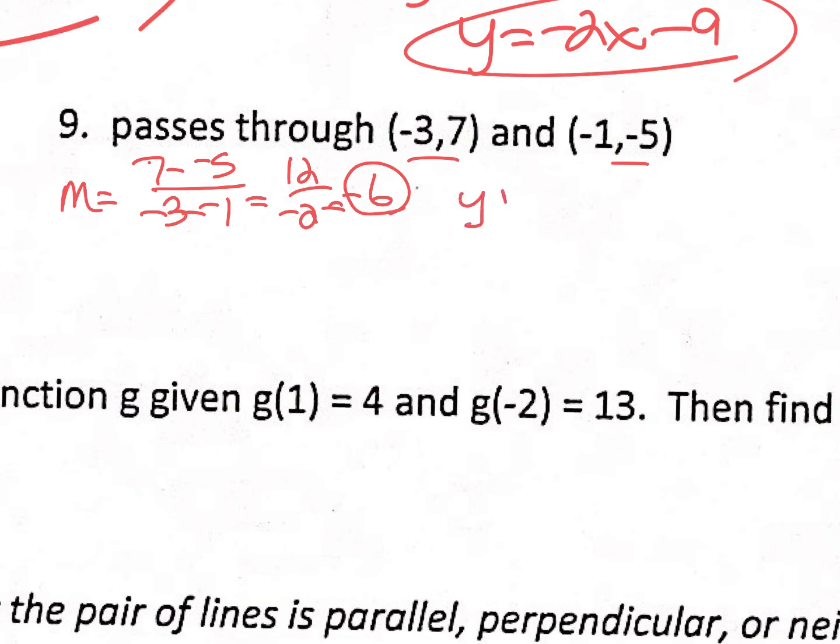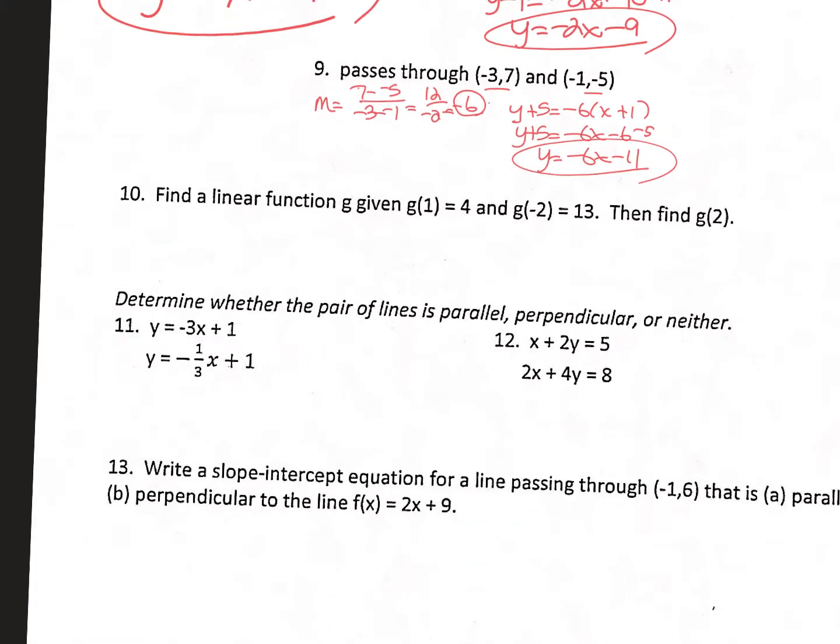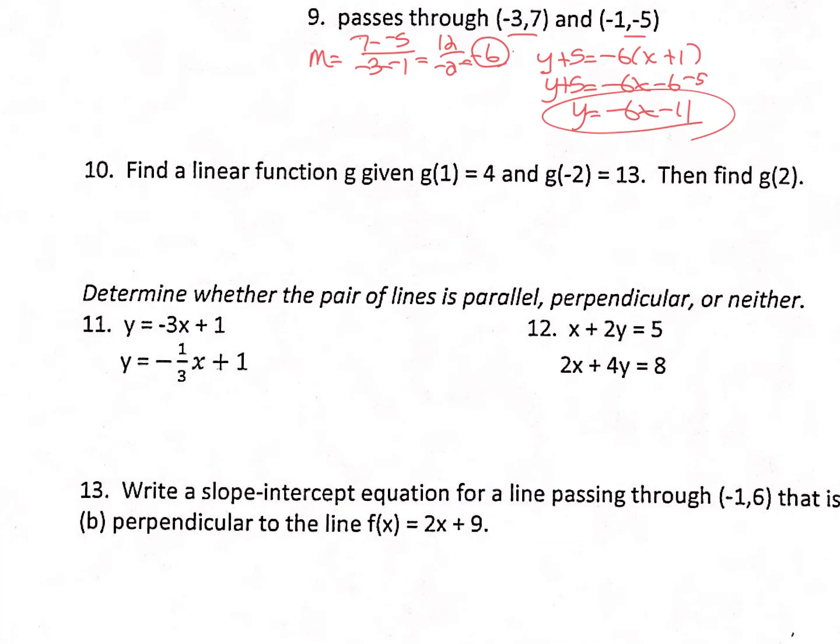So I'm going to go y plus 5, slope times x plus 1. Maybe that's why I picked it, because they're both negative, which means when I put them in my equation, they both become pluses. Takes 2 steps of work again. Distribute the -6. Move the 5 over, which is going to make that a -11. And there you go.